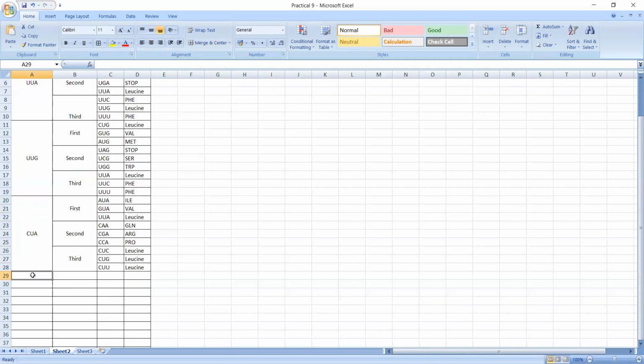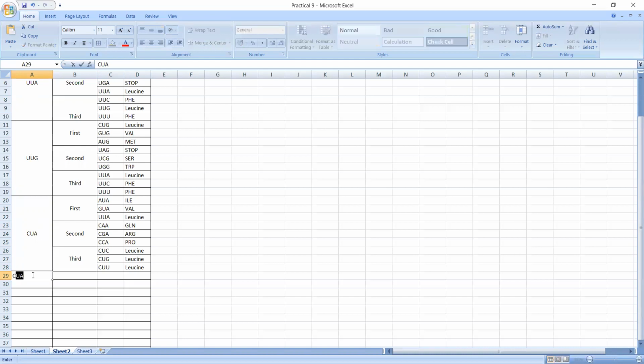In that we have seen that one amino acid may have multiple codons, and there may not be great changes in the protein sequence, because even if the third base is changed, the amino acid remains the same. That we have learned in the theory. I will not discuss the theory part much here, because right now we are focused on the practical part. Understood? Chalo, the CUA codon we have done.